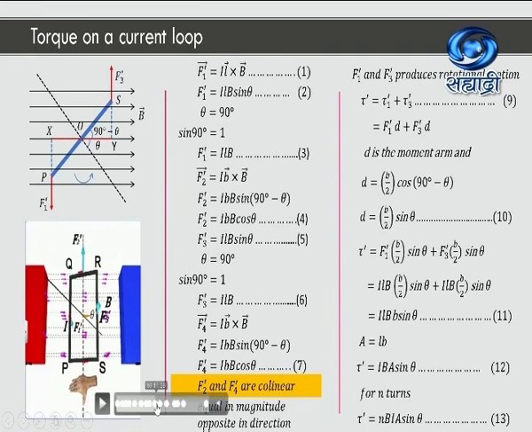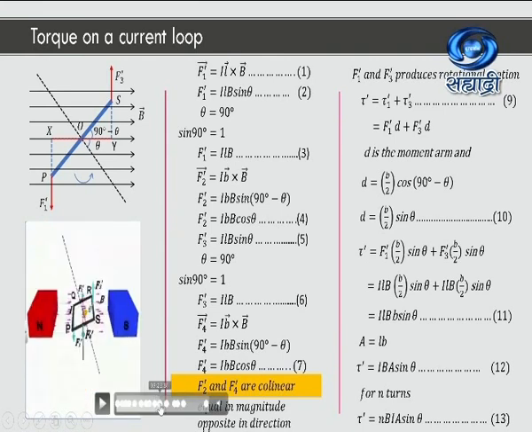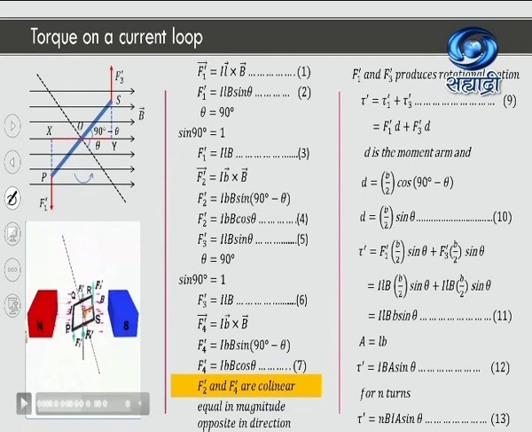I will show you here in the diagram. You can see that this is inclined, and you can see this is the inclination here. This is parallel to the magnetic field, and this is a right angle triangle. So this perpendicular distance is nothing but the moment arm.